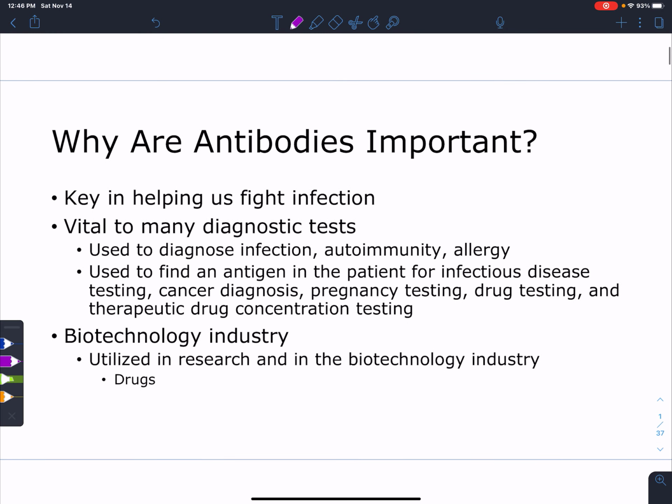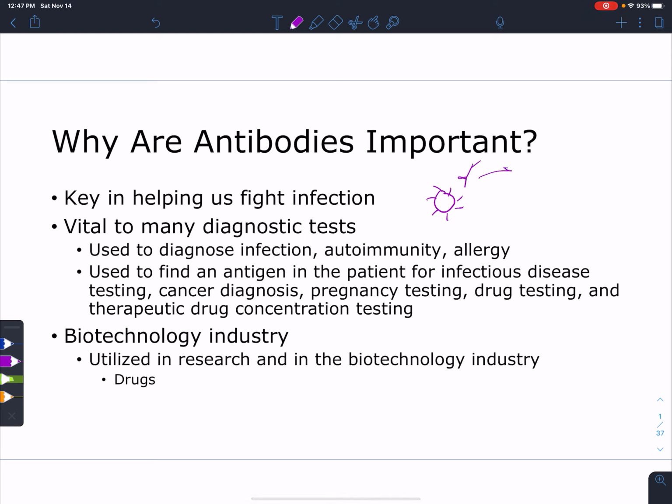So why are antibodies important? Anyway, they are a key in helping us fight infection. We also know how big a deal they are right now with COVID, causing problems, because we use the antibodies to fight it off.